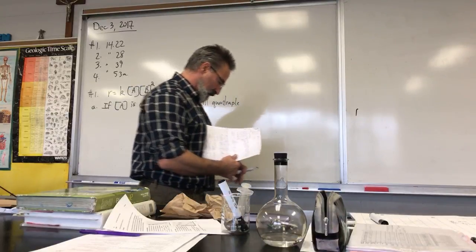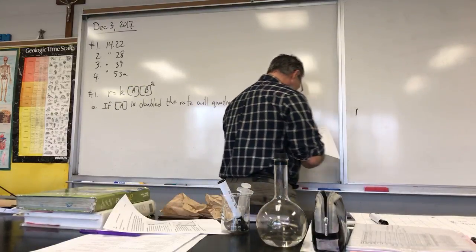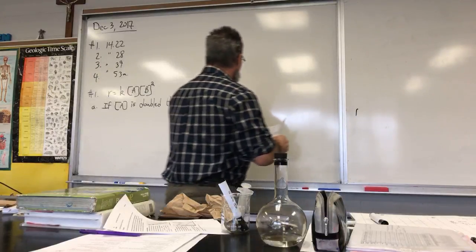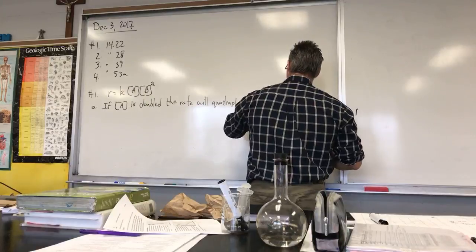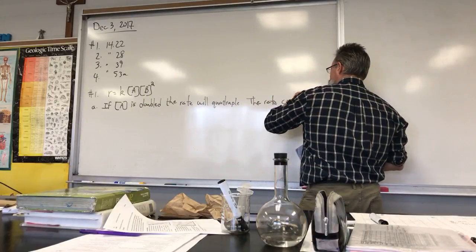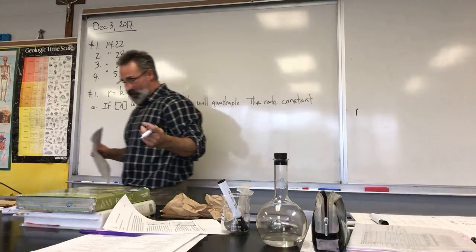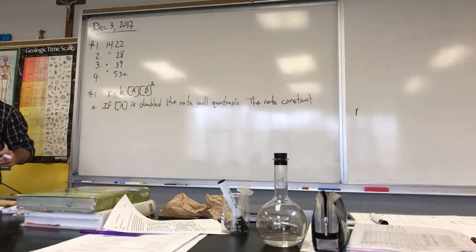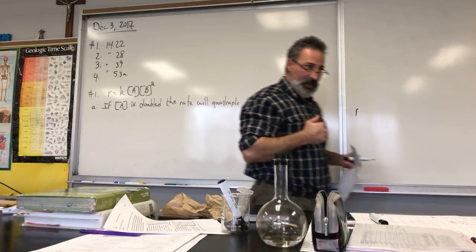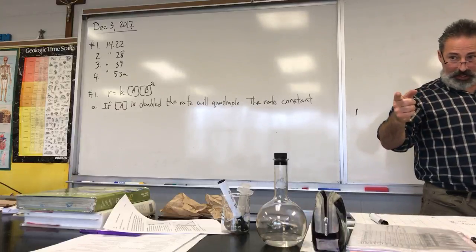I'm going to use red to show which parts I was looking for in the answer. The rate constant stays the same because it's the rate constant. What will cause a change in the rate constant? What condition must you change to affect the rate constant? Heat, right?